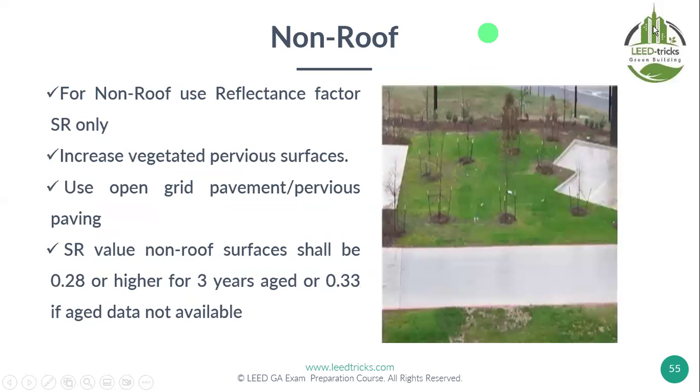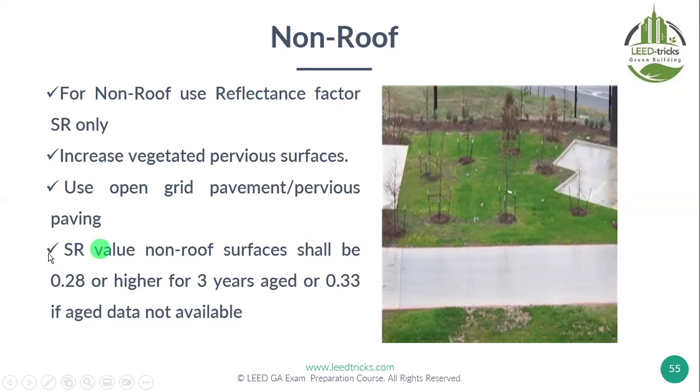This is for roof. For non-roof, hardscape also painted white, but it has different numbers. For non-roof, use reflectance factor only without index. What does reflectance factor mean? Percentage reflected. Very simple. Increase vegetated pervious surface. Use open grid paving.